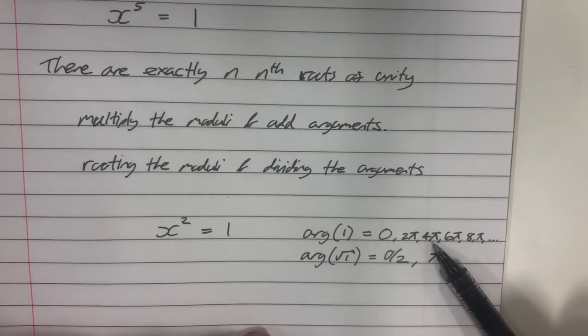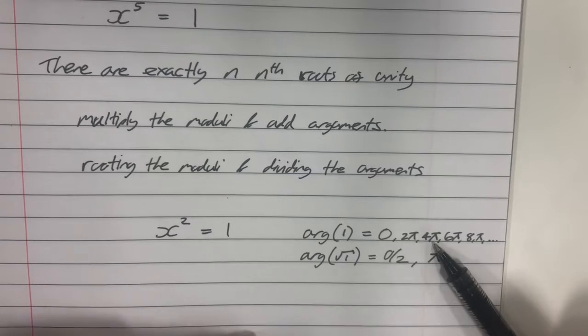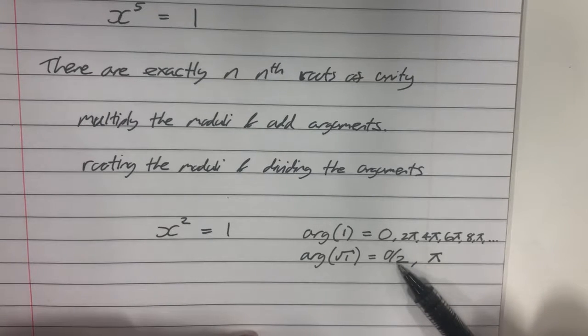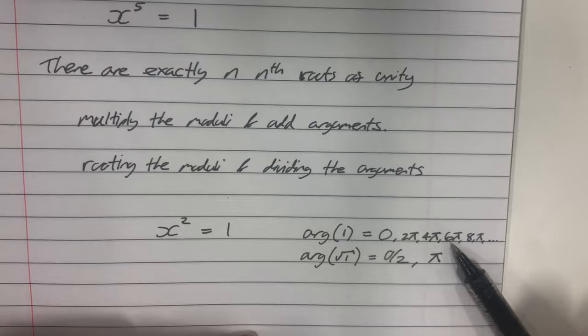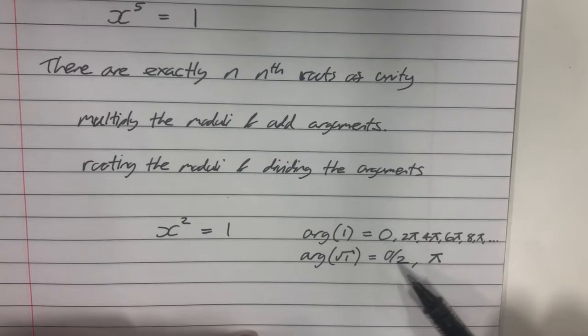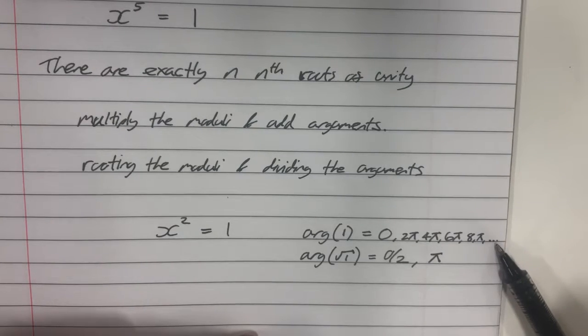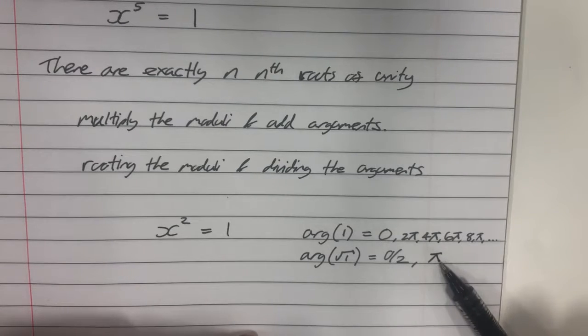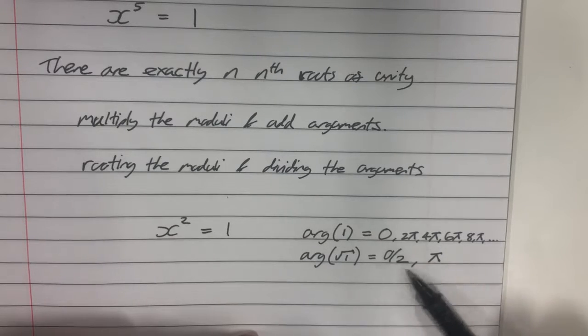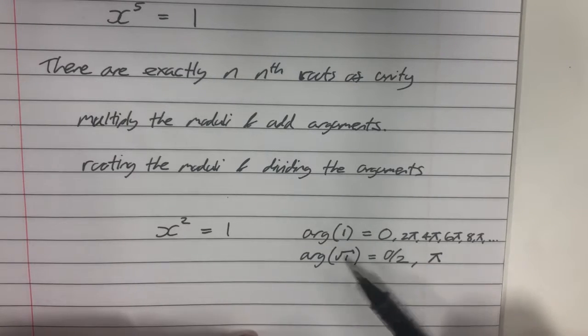If I take 4 pi as an argument of 1 and divide it by 2, I get 2 pi. But the argument of 2 pi is just the same as 0. So actually, I'll get back to this one again. 3 pi would give me pi. 4 pi would give me 0 again. 10 pi would divide down to 5 pi, which is pi. And I keep flip-flopping between these two. So there are 2 principal arguments for the square root of 1, namely 0 and pi.